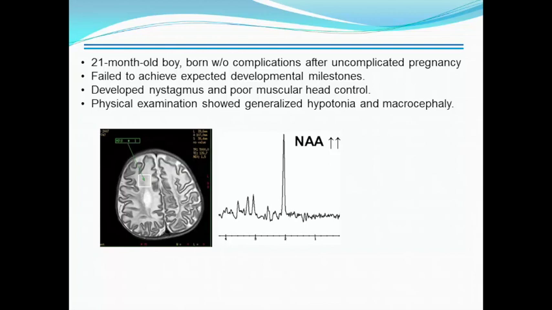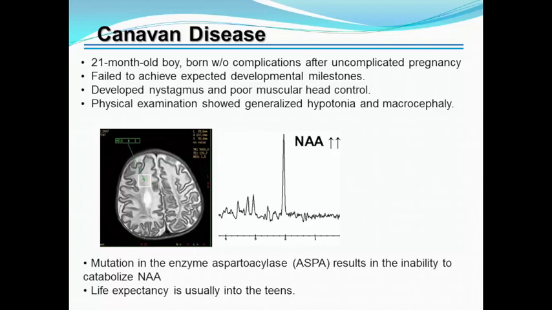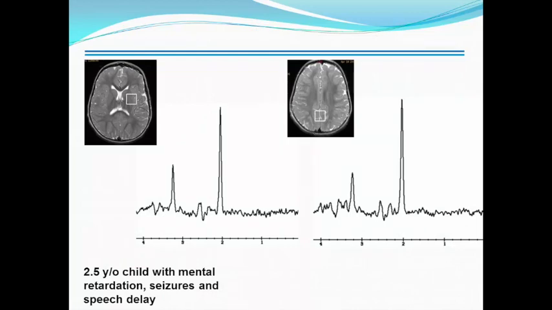Can anybody say what this is? There was one disease where NAA was increased, right? And that was Canavan disease. So this patient had Canavan disease, a mutation in which the enzyme that breaks down NAA into acetate and aspartate is missing. So this leads to a huge accumulation of NAA.